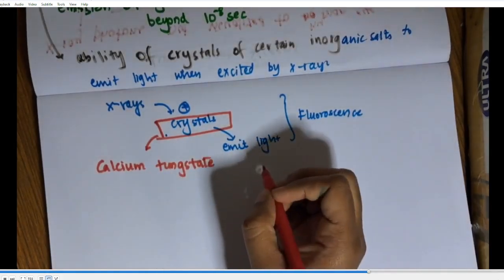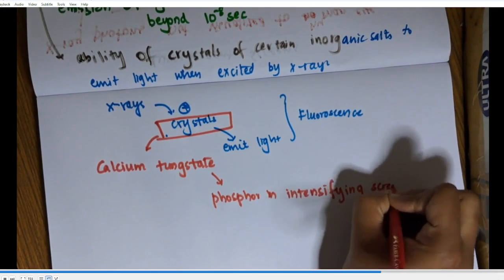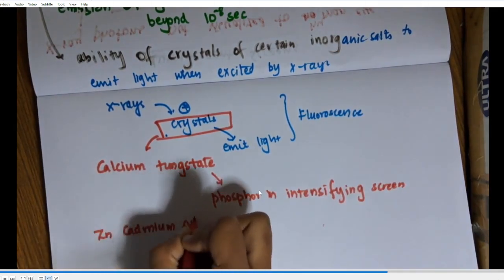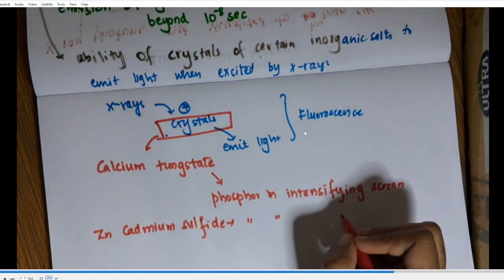The crystal used here is calcium tungstate, which is the phosphor used in intensifying screens. This process is fluorescence, and the crystals used in this process are called phosphors.